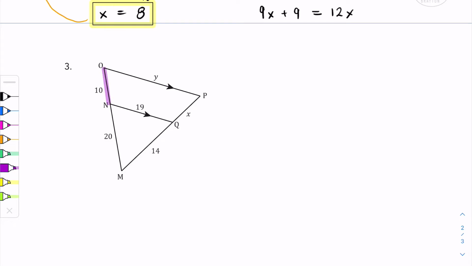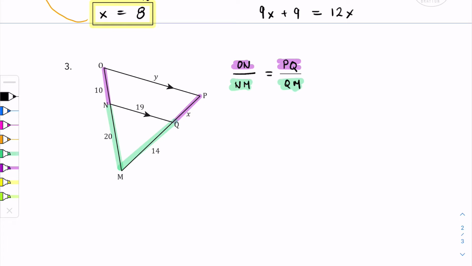I'm going to highlight my base sections and my upper sections, just like I have been doing. I'm going to set up a proportion of ON over NM, and I'm going to set this equal to PQ over QM. ON and PQ are highlighted in purple, NM and QM are highlighted in green.